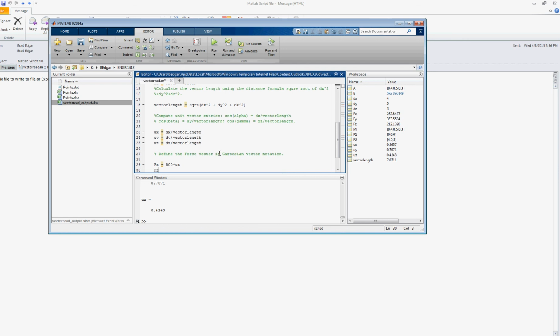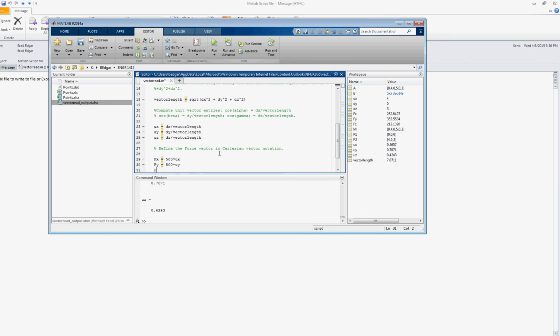Then Fz is equal to 500 times, oops, I don't want to do y next, not z, Edgar, come on. So Fy is equal to 500 times Uy, and then finally Fz is equal to 500 times Uz.